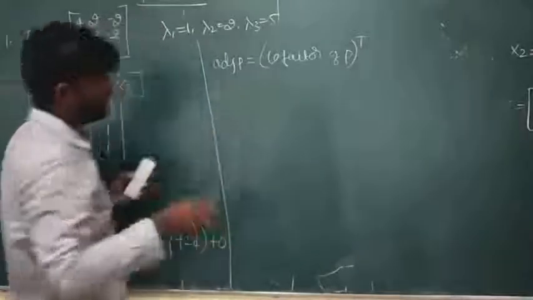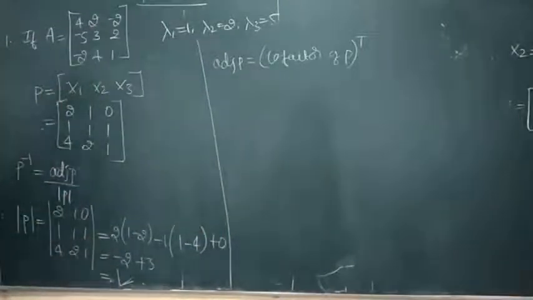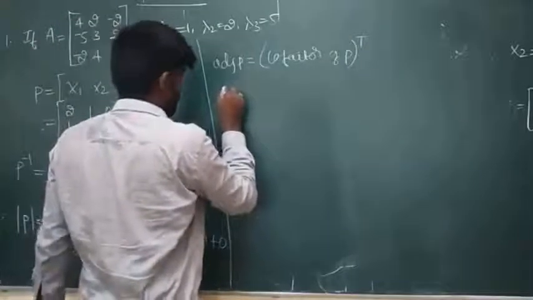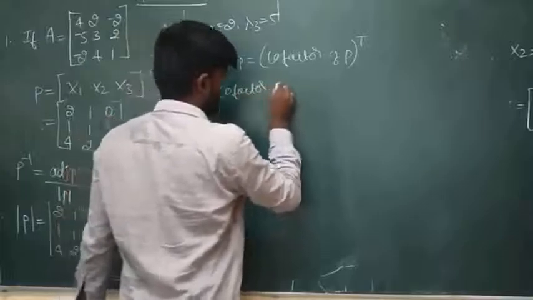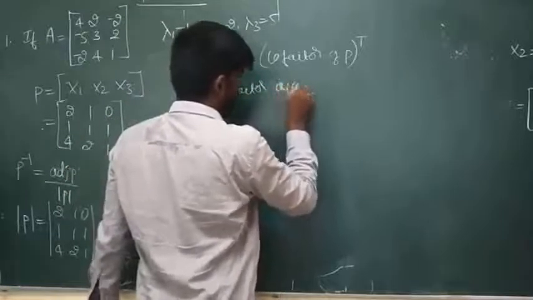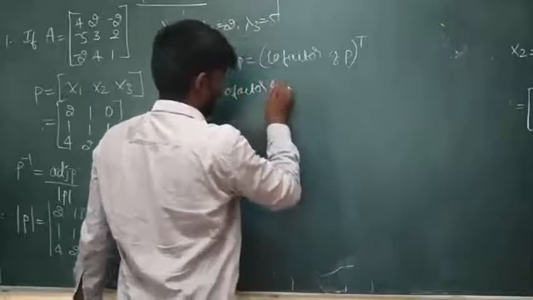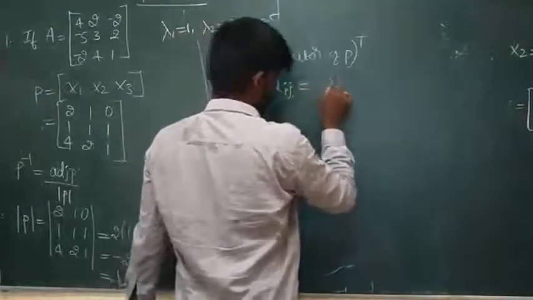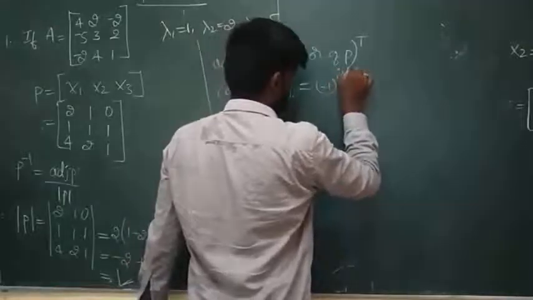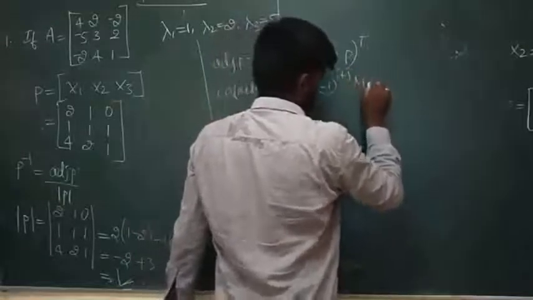To find the cofactor, we need the minors of this matrix. Therefore, cofactor Aij, corresponding to Aij, we need minus 1 power i plus j and Mij.